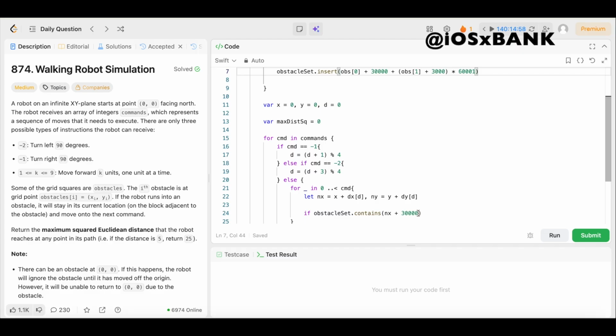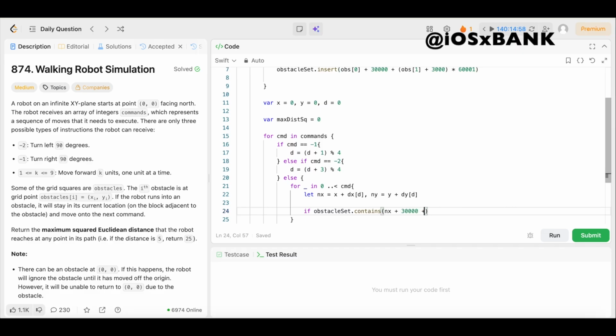Then we're going to say plus, open up some more parentheses, ny plus 30,000 again. Boom. Then we'll come outside and we're going to say times 60,001. Hold on. We get these numbers right. 60,001. Boom. Just like that.